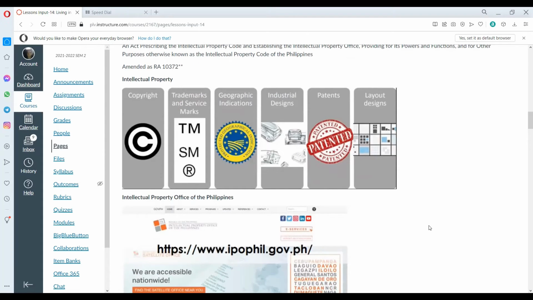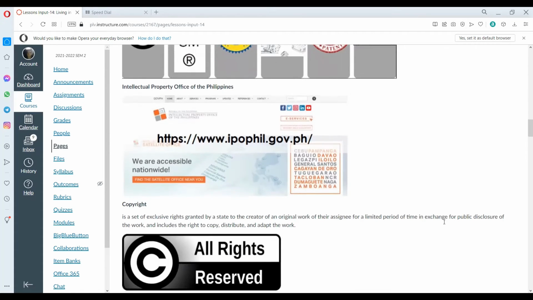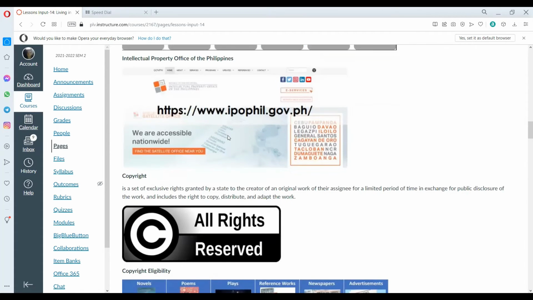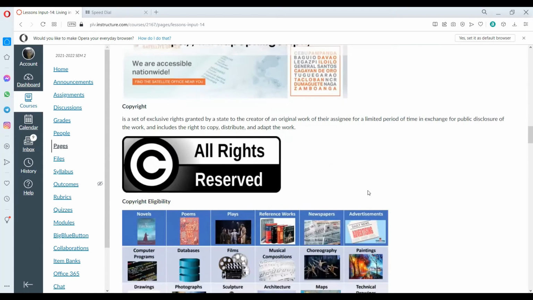Intellectual property includes copyright, trademarks and service marks, geographic indications, industrial designs, patents, and layout designs. The Intellectual Property Office of the Philippines website is ipo.phil.gov.ph.